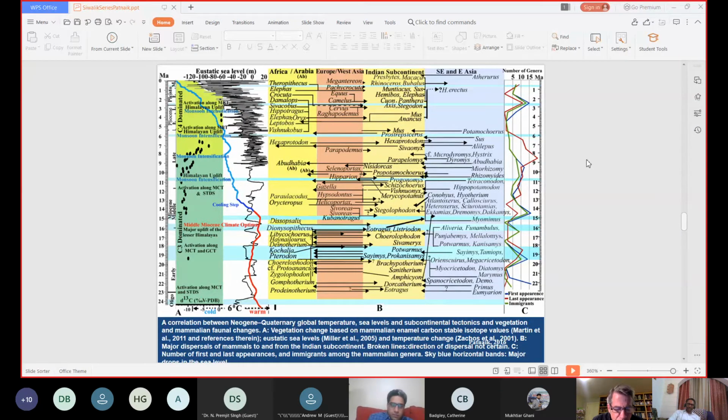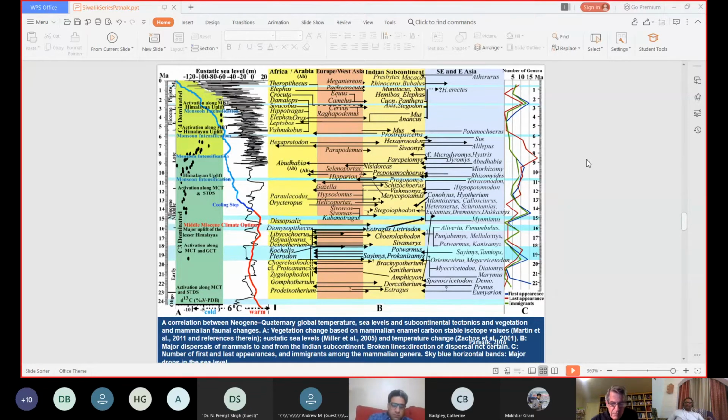first occurrence of proboscideans with some sea fall and connection of Africa and Eurasia, and then also as the climate changed over a period of time, there was a shift from overall forest environment towards more grassland dominant environment, which has been very well represented by both paleosols as well as mammalian enamel isotopic data.